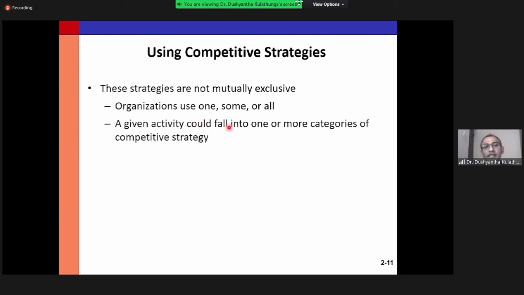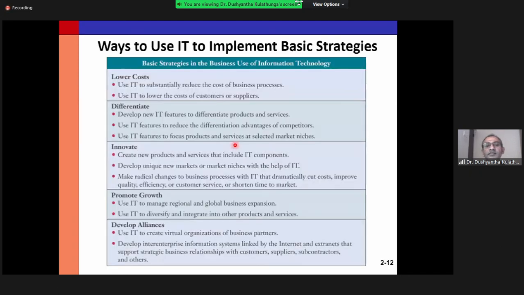Then a given activity could fall into one or more categories of competitive strategy. You may focus on a specific activity, suppose increasing efficiency by using IT or something like that. So that can also be related to one or more competitive strategies that we highlighted earlier. So then there is a table.